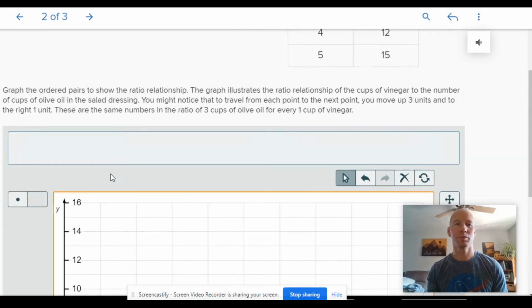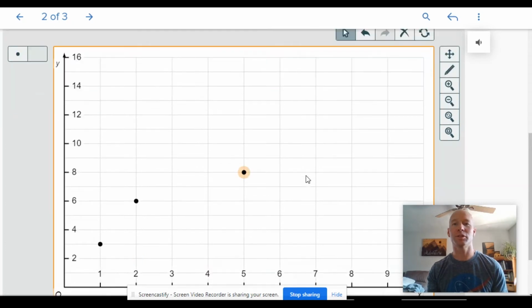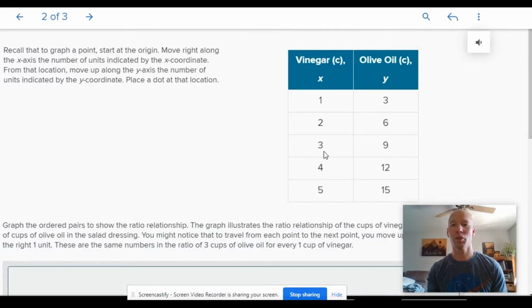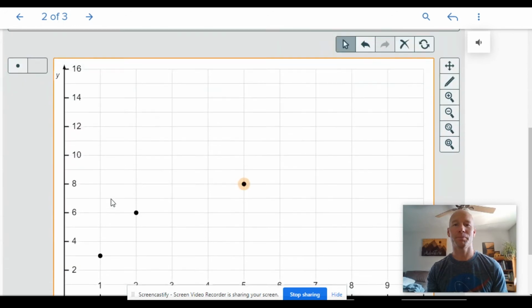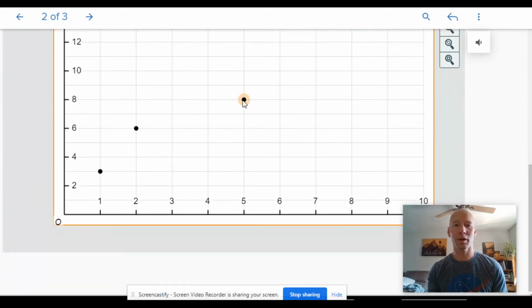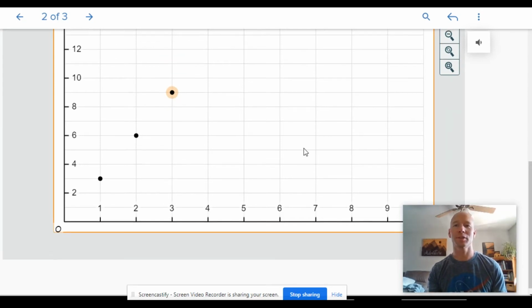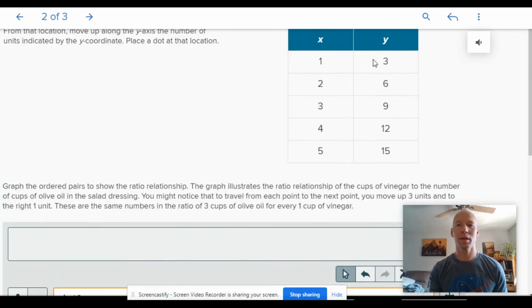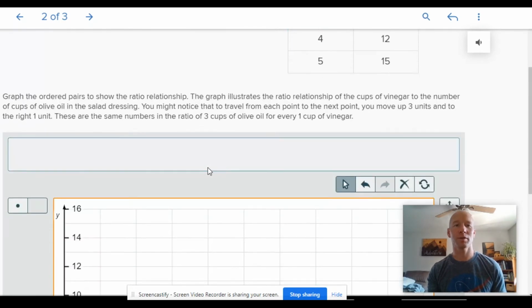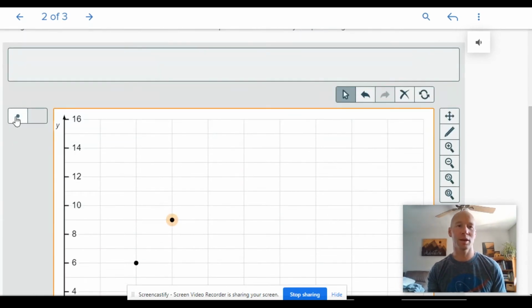Now I'm going to put another one, and you can just see where that's going. Here, 3 and 9. 3 cups of vinegar on the x-axis and 9 cups of olive oil on the y-axis. Going to go again, 4 and 12. And you can see where this is going. I'm just going to add that. We'll speed this up, 4 and 12.